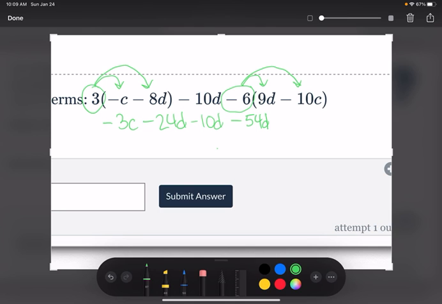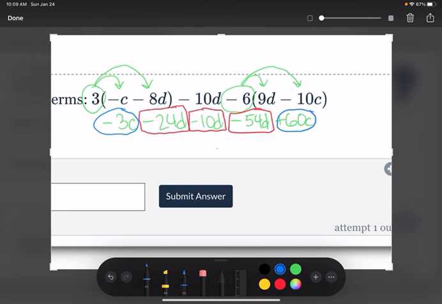And then -6 times -10c would give me a positive 60c. Next, I'm going to combine like terms. So I'm looking for all of the d variable here. I'm going to combine those, and then I'm going to look for all of the c variable and combine those.